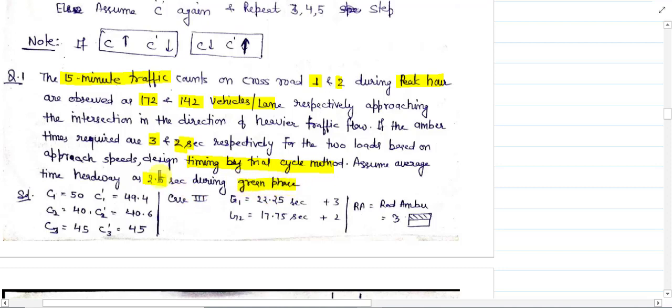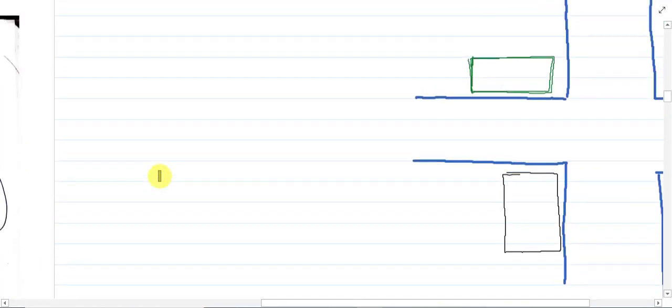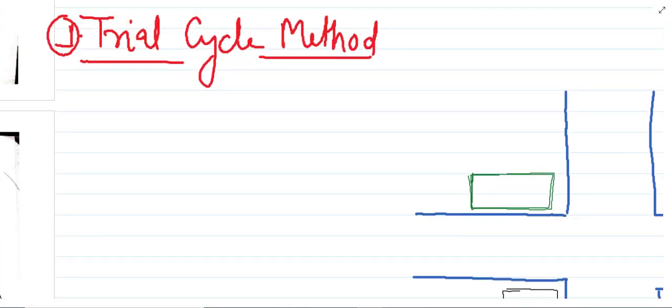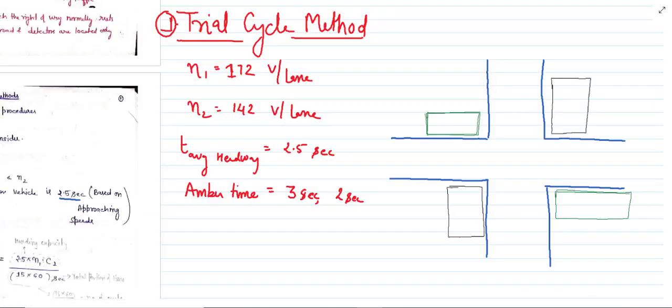So let's start this numerical by writing down the given data: N1, N2, average time headway, and amber times of 3 seconds and 2 seconds respectively. We will use these values after the calculation.